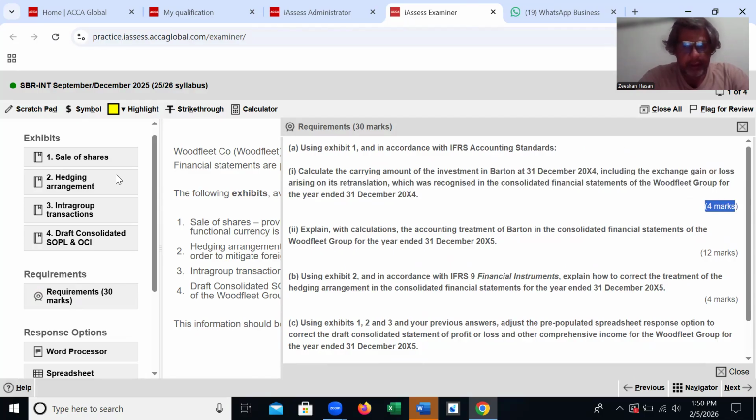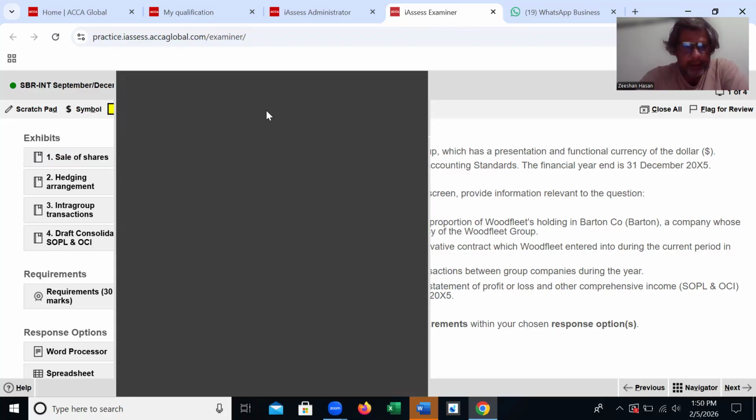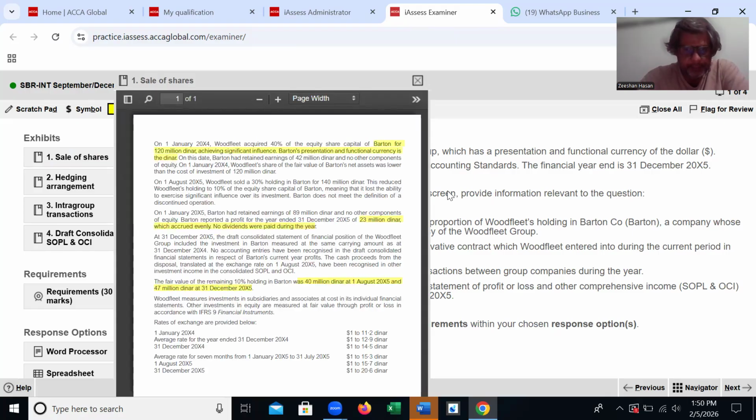Here are the 4 marks for it. So, for that purpose, let us look at the exhibit. On 1st January X4, Woodfleet acquired 40% of the equity share capital of Barton for $120 million, achieving significant influence.